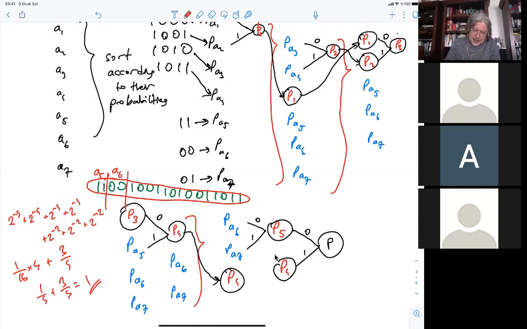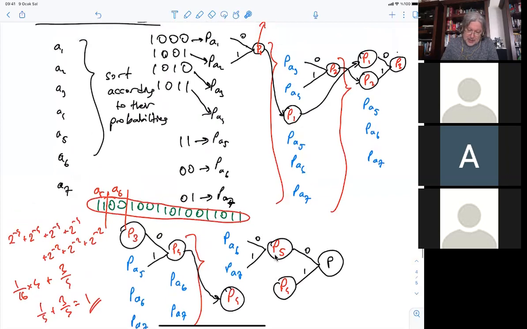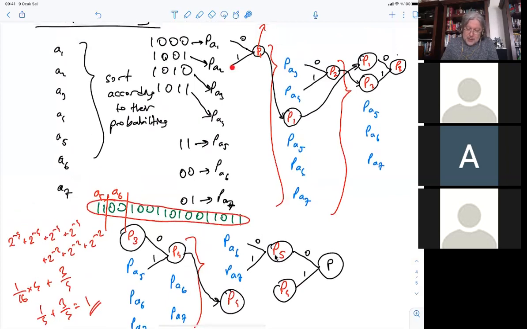Then, again, it starts with a 1, so it arrives at P4. P4 is here. And then it continues with a 0, so it visits P3. P3 is here. It continues with another 0. It goes to P1. P1 is here, all the way here. And it continues with another 1. Only then it arrives at PA2.